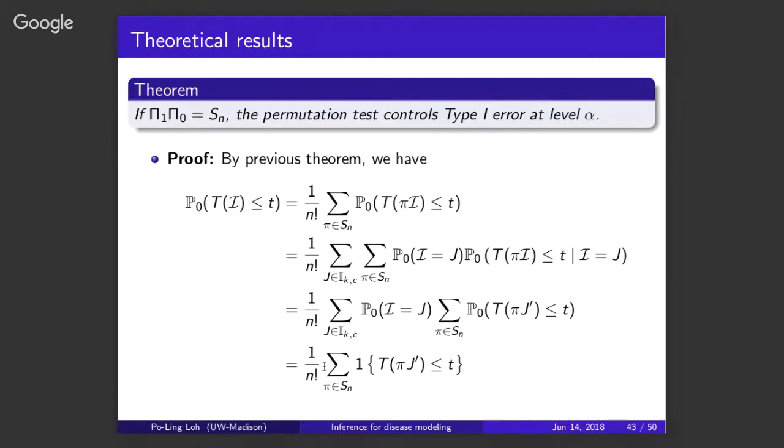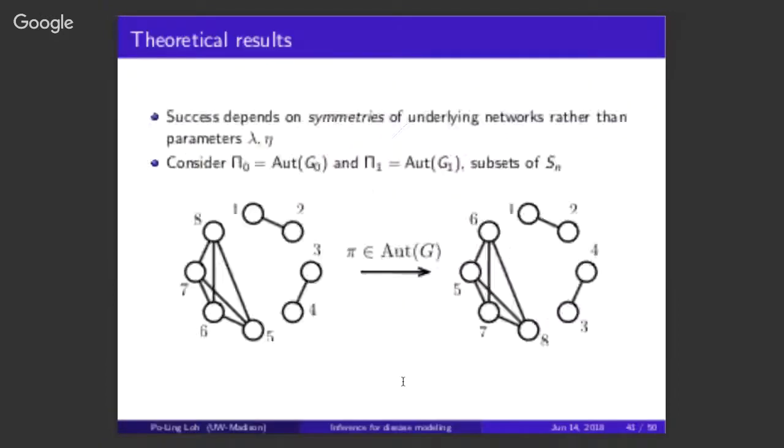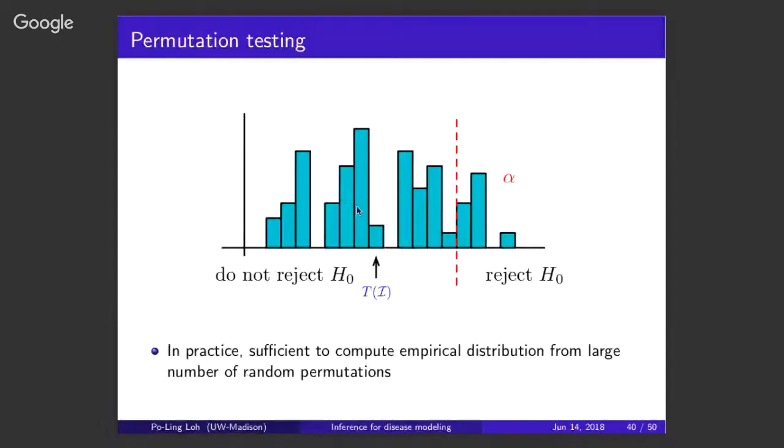So the math behind it is to get from the first expression to the very last. And you can do this by some sort of smart manipulation of things. But maybe let me leave it at that. So this derivation says that provided the criterion pi1 times pi0 equals Sn, then in fact this works because the tails of the distribution itself under the null hypothesis are the same as the tails of this empirical distribution that we generate using a permutation test.